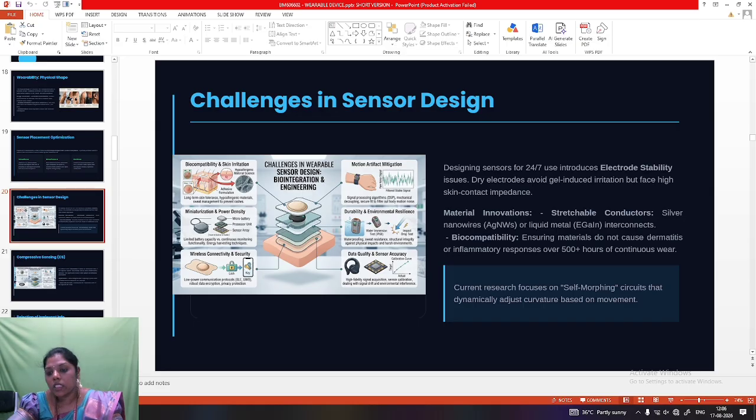Material innovation: stretchable conductors, silver nanowires, liquid metal interconnections. Biocompatibility, ensuring materials do not cause dermatitis or inflammatory responses over 500 hours of continuous use. Current research focus: self-morphing circuits that dynamically adapt based on movement.